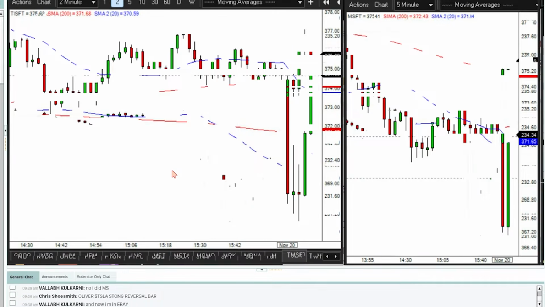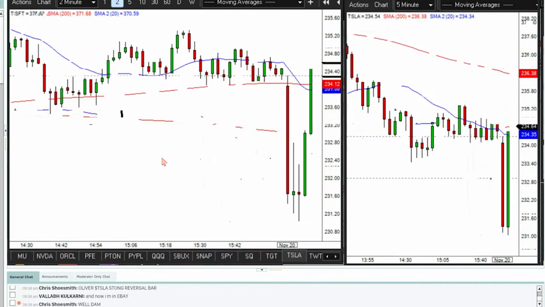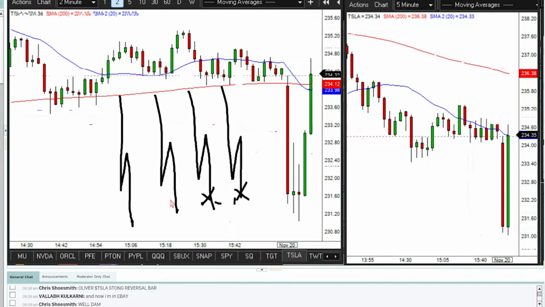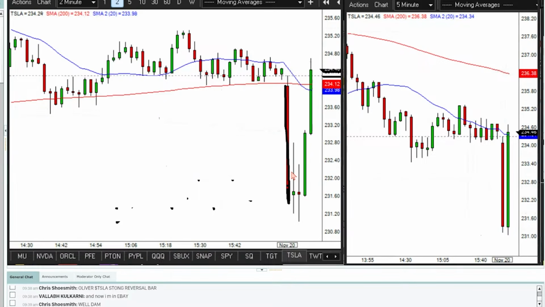All right. Did Tesla turn on us here? Tesla reverse. Oh, Tesla did reverse on us. But guys, remember, once you get that 1, 2, 3, 1, 2, 3, 1, 2, 3, if you're not out there, you are susceptible sometimes to a big reversal.